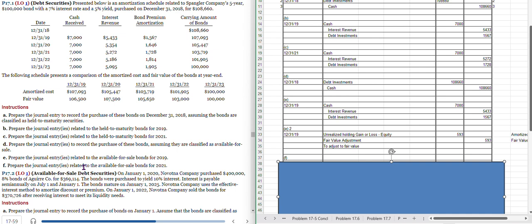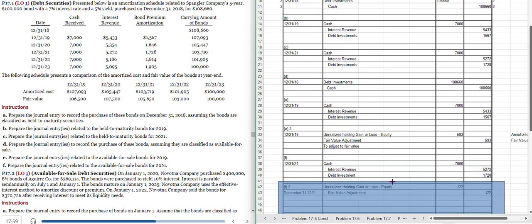Prepare the journal entries related to the available for sale bonds for 2021. This is for part F. We received 7,000 cash. Interest revenue increased by 5,272, and the carrying amount of bonds decreased by 1,728.